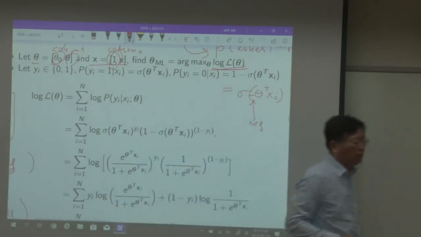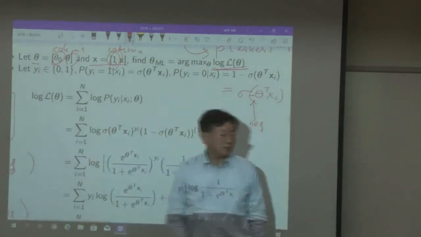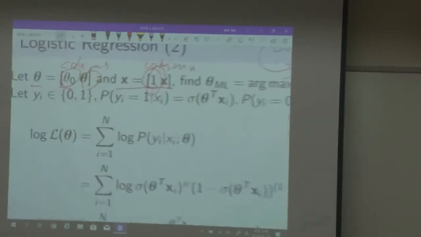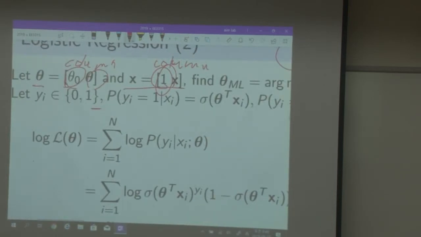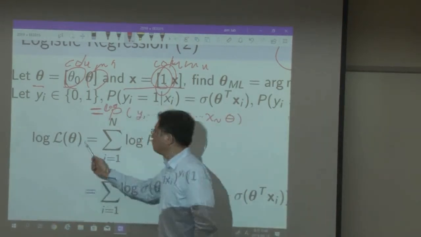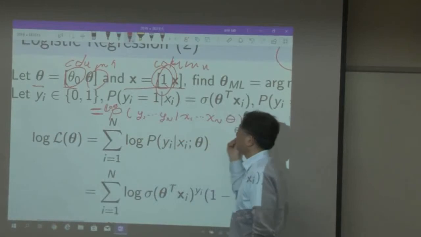It's written like that, but for those of you wondering how you get that, I would start with the really basic: probability of y1 through yn given x1 through xn, and then there's a log. That is the original definition of log likelihood. Log of this.